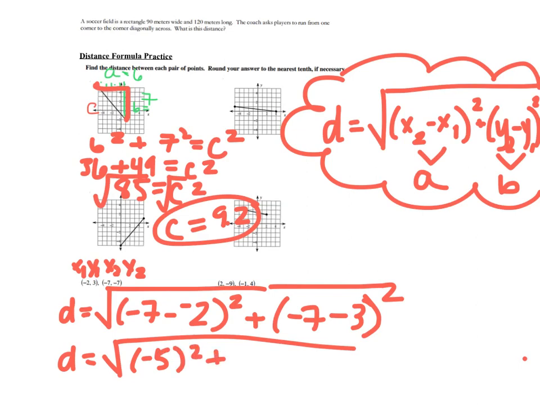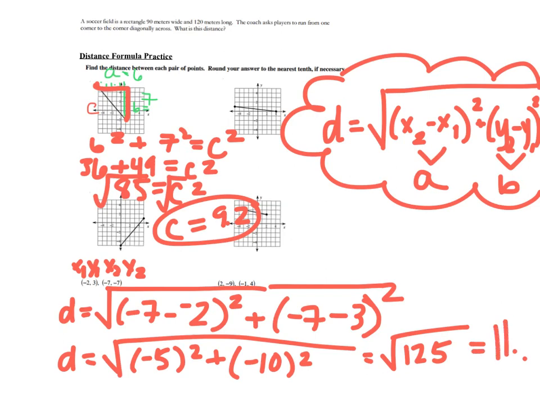My second leg is -10 squared. So this is equal to the square root of 25 plus 100. So the square root of 125. And the square root of 125 is 11.2. So the distance formula essentially allows us to do the Pythagorean theorem when we're not given a graph.